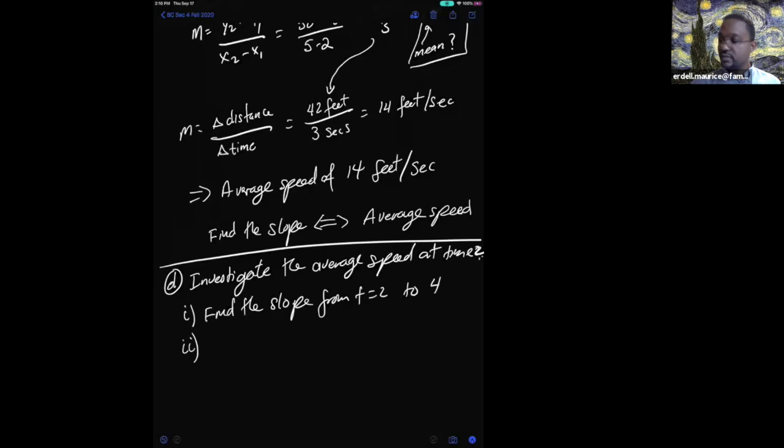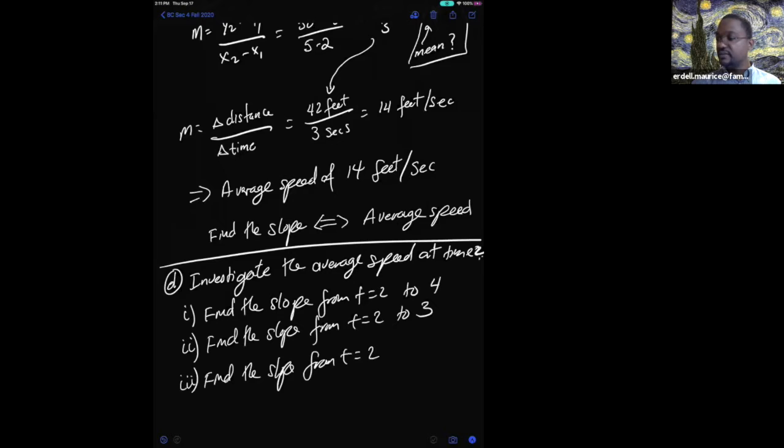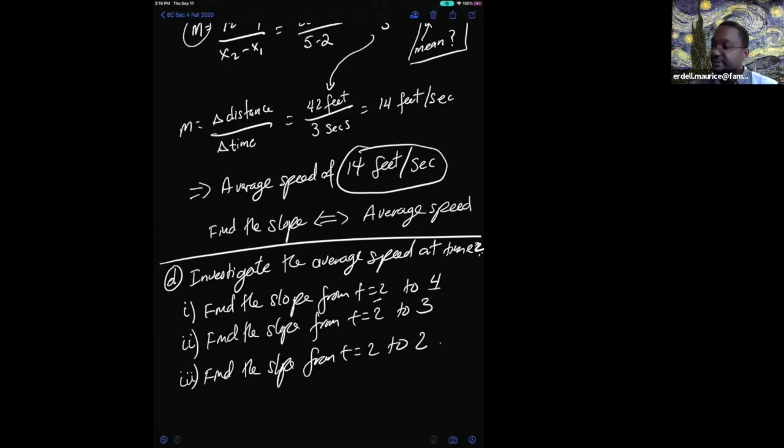Find the slope from time equaling 2 to 3. And then the last one, find the slope from time equaling 2 to 2. All right, so that's 3 slopes. Okay, so let's roll.